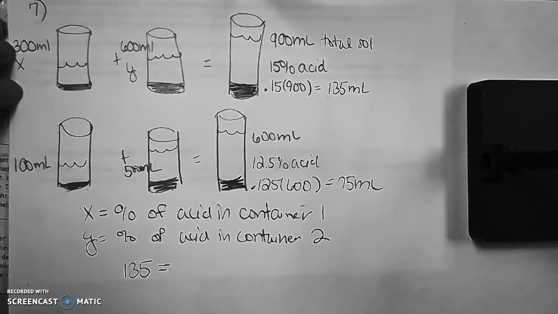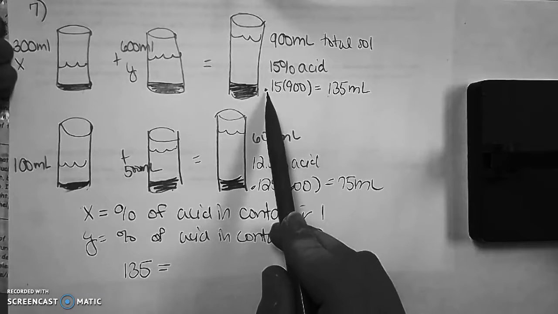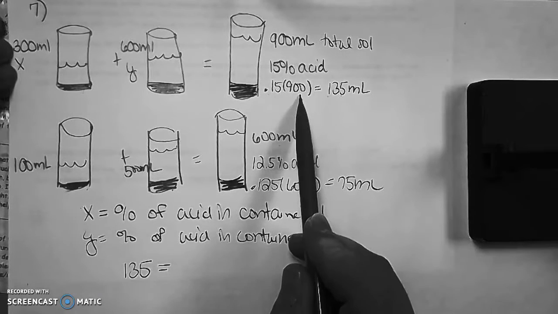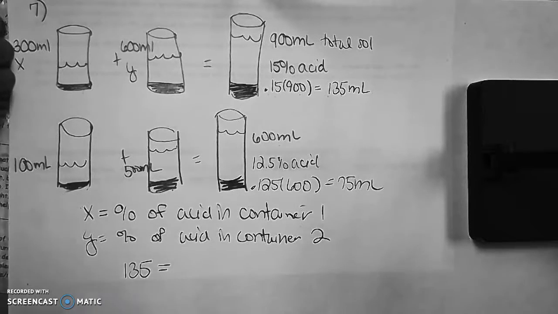Well, if container 1 has 300 milliliters and X is the percent of acid, if I wanted to write an expression that represents how much acid is in it, I do what I did here. I took 15% times 900. So I'm going to do the same thing here.